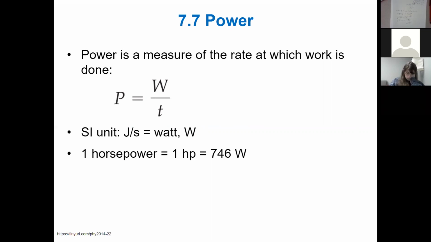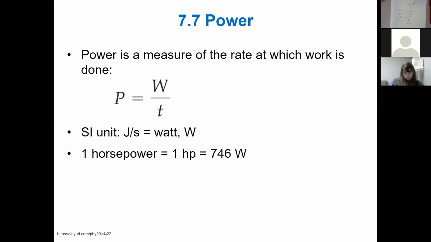So it talks about power. Power is defined as the measure of the rate at which work is done. So it is simply the work done during the time period T. Work divided by T will give you power. Now this is a new quantity, so we will talk about its SI unit. Its SI unit comes from the unit of work and the time, so it's joule over second.